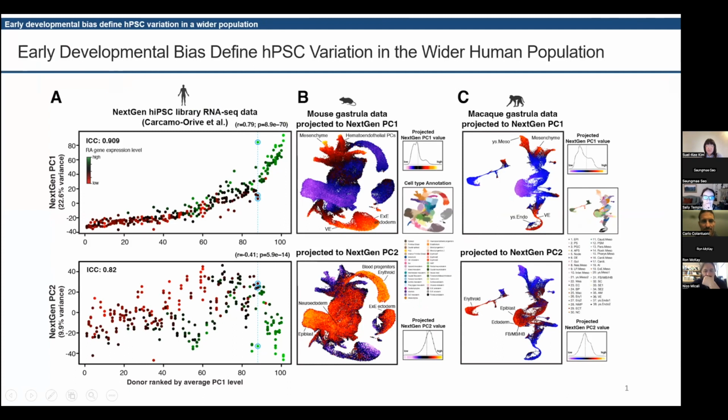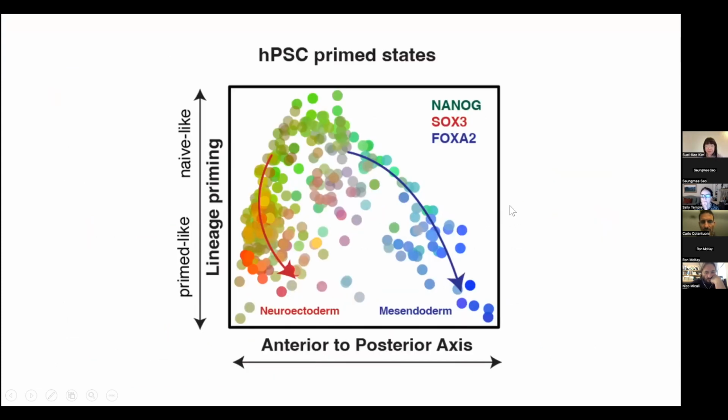Am I being clear? I think when you start doing the projections into the mouse and macaque gastrula, you see, particularly if you go to the next slide where you take the UMAP data, UMAP 1 and 2 from the NextGen PC1, that's the population. That's 100 humans, and they occupy all these different states.